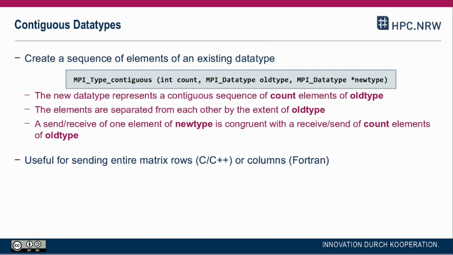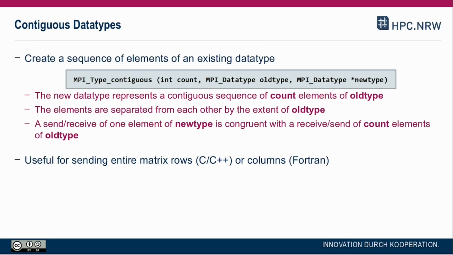And derived data types are named derived because you take a simpler data type and construct something more complex from it. And then you can take what you constructed as the basis for even more complex data types, and so on.